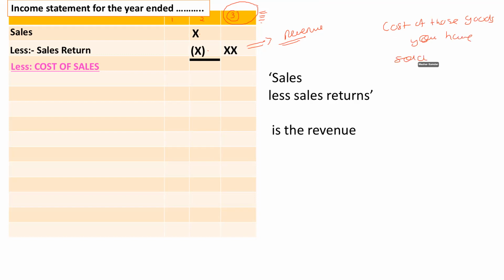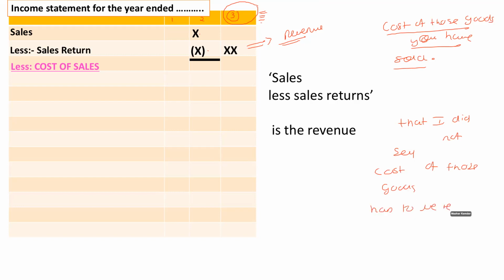When I'm saying that I will subtract the cost of those goods that I have sold, that means the goods that I did not sell, the cost of those goods has to be removed from the revenue.